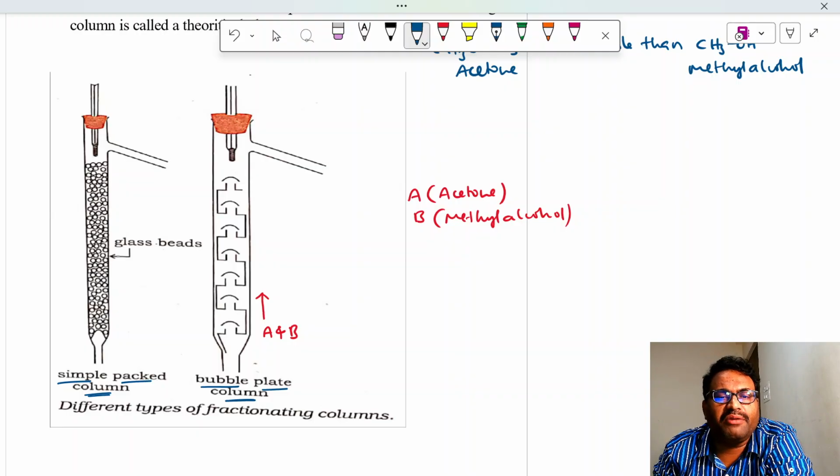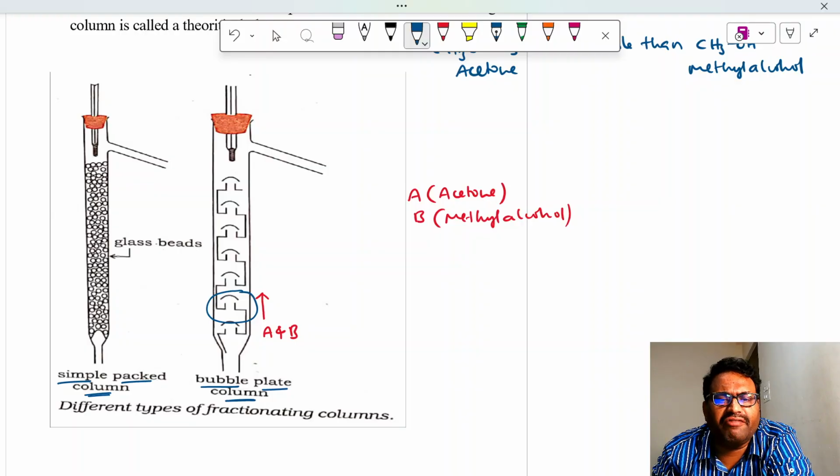So both A and B are moving up. When both A and B are moving up, it is found that as A is more volatile, it is not condensing. Condensing means getting cooled. When these are moving up, they pass through this fractionating column, where there is some equipment. Do you find some plates there?